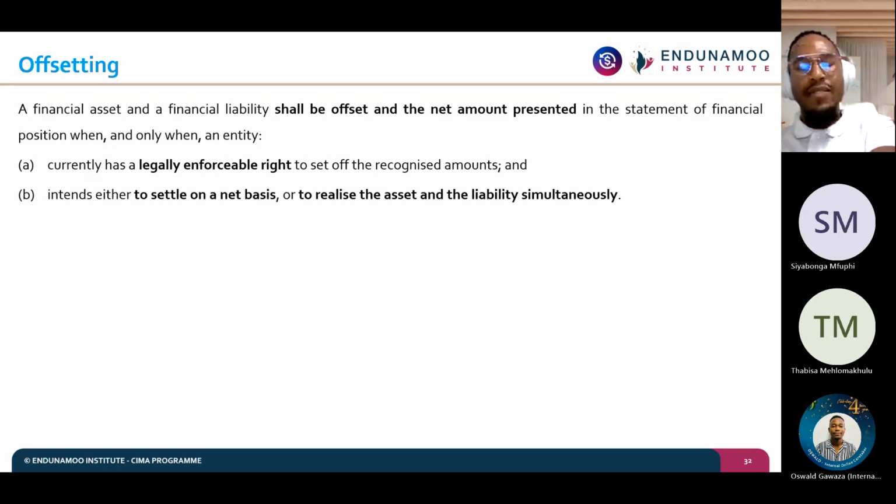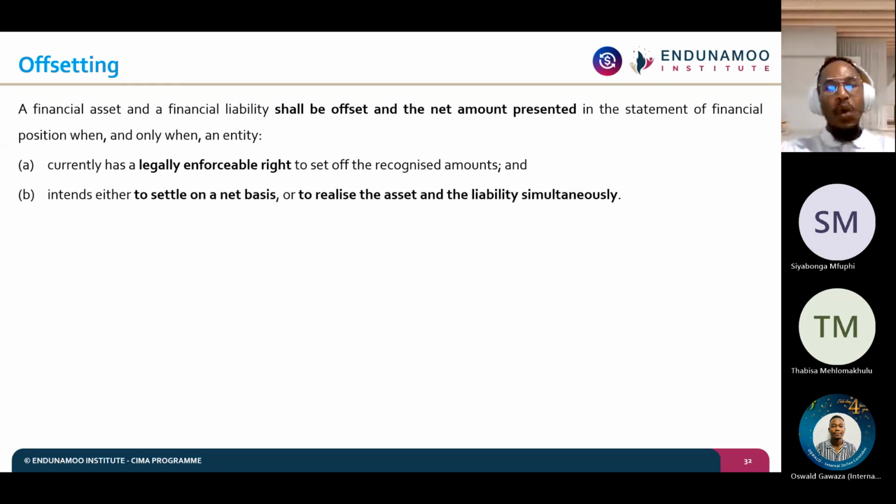What this means is there can be instances where you as an entity owe money to another entity, and that entity also owes you money. So for argument's sake, let us say I am an entity, I'm David Limited, you are CA Limited.